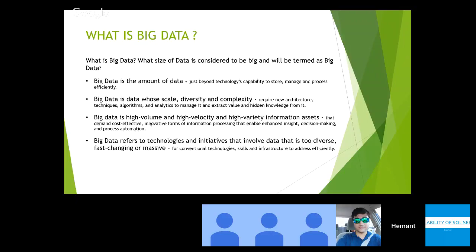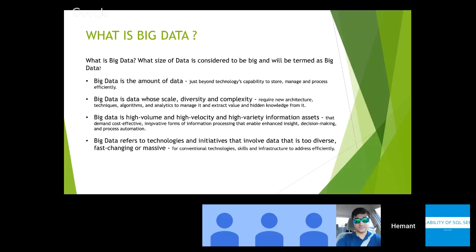Basically, when we talk about big data, generally we are talking about the volume and the velocity at which it is produced, and how we can use that data for our decision making, process automation, or analytics. Generally, the whole big data topic is viewed from the point of view of analytics. I mean, when we collect all the data, we want to do analysis on it so that we can make good decisions.